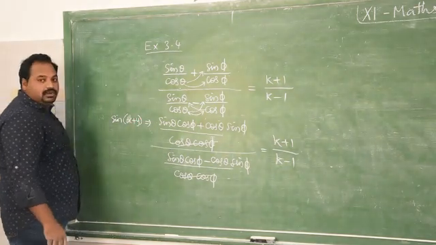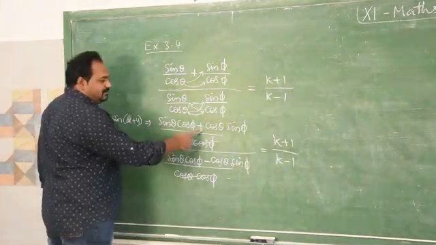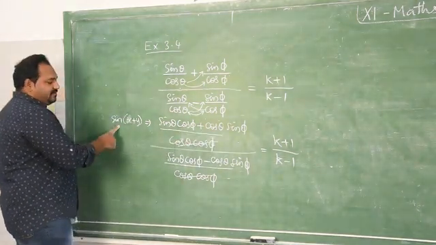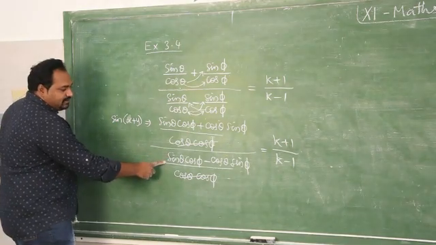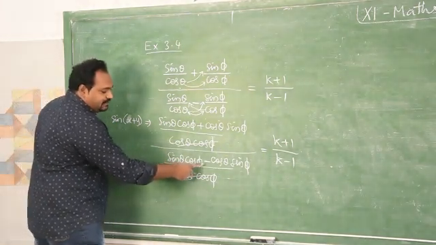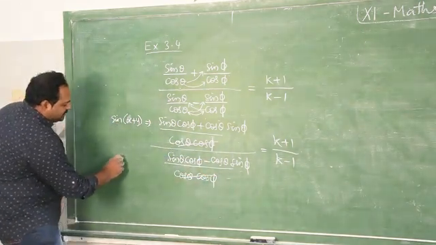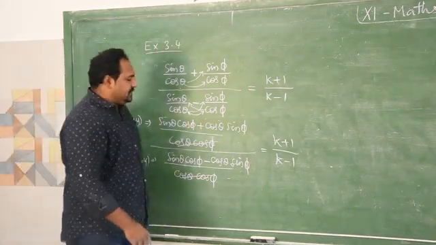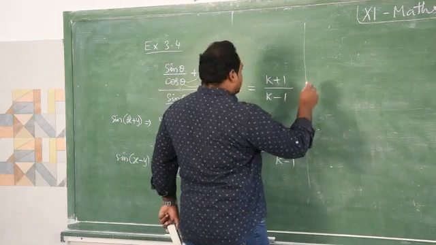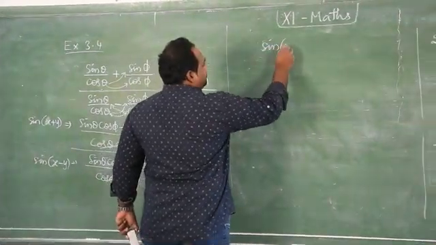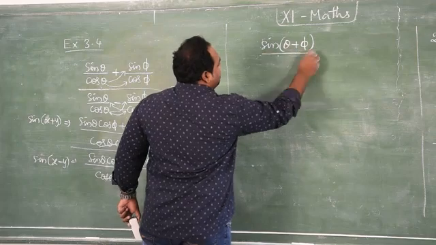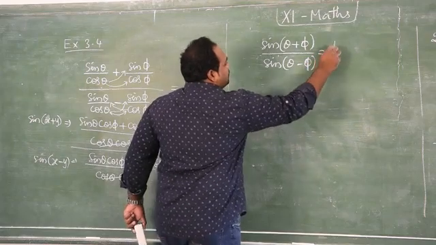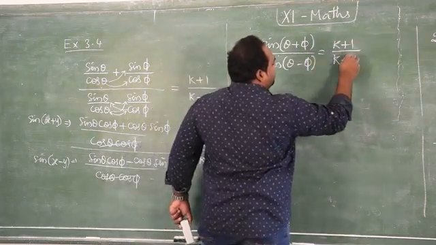In the same way, in the denominator, sin x cos y minus cos x sin y reflects the sin of x minus y formula. So instead of this, I write the short form in the numerator, sin of theta plus phi by sin of theta minus phi equal to k plus 1 by k minus 1.